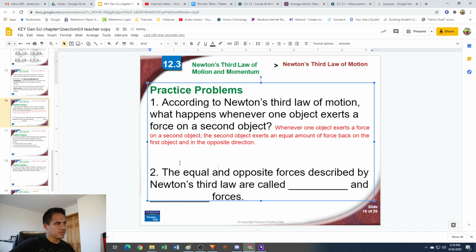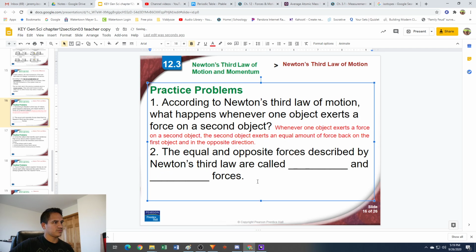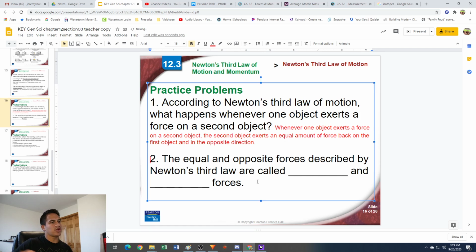This is exactly what Newton's third law says in the notes.